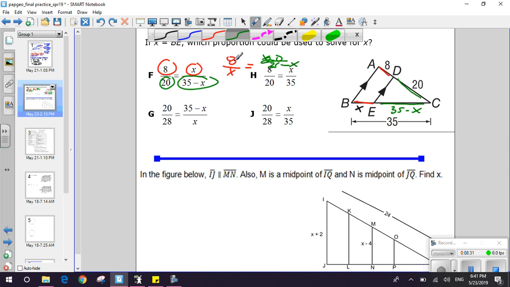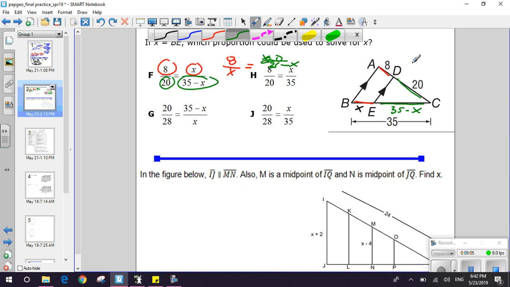Or I could do left over left, top left over bottom left is equal to top right over bottom right. So as long as it's consistent is what I'm really trying to say, then it's an acceptable proportion. If it's not consistent, then I probably wouldn't use it.